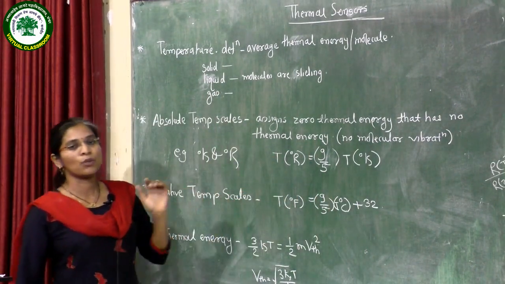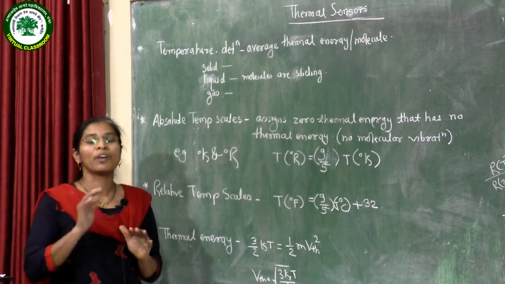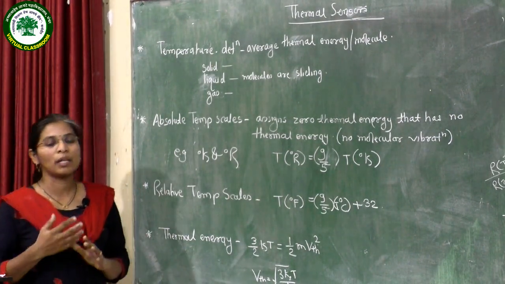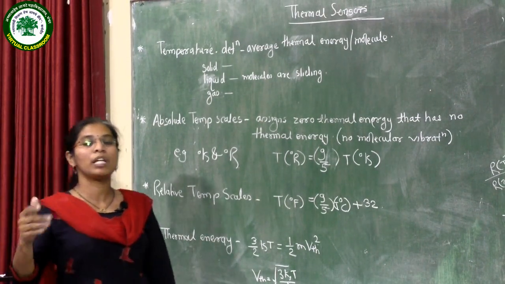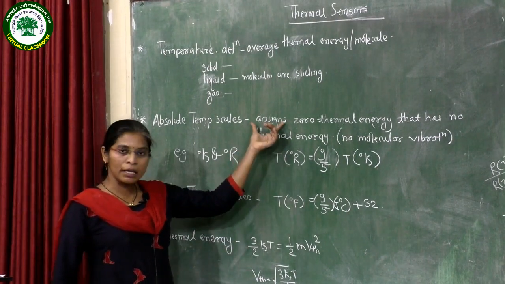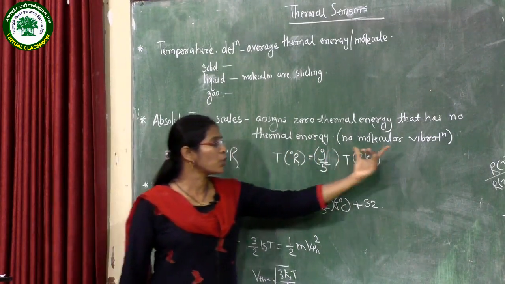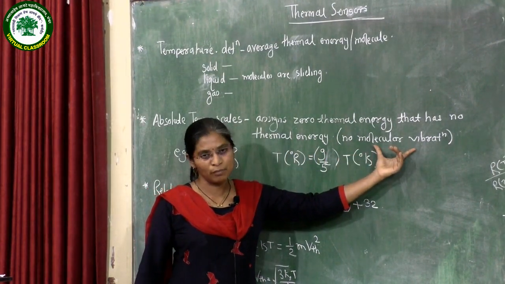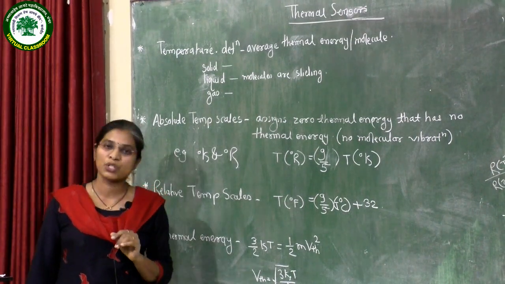In the case of 0 thermal energy, the atoms are not vibrating. When we supply them energy, the atoms start to vibrate about their equilibrium position. So over here we have assigned 0 of this particular scale at which there is no molecular vibration. So this is the definition of the absolute temperature scale.